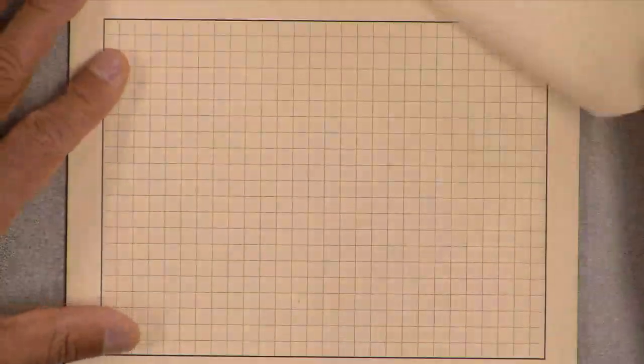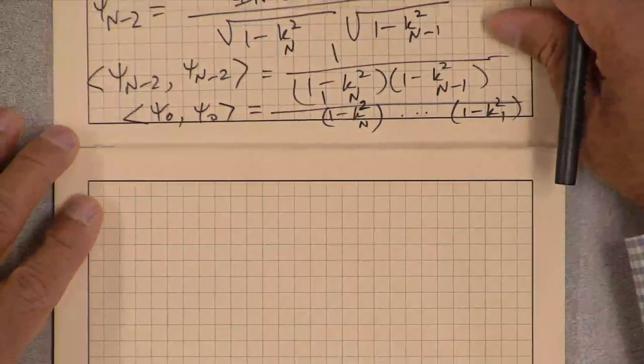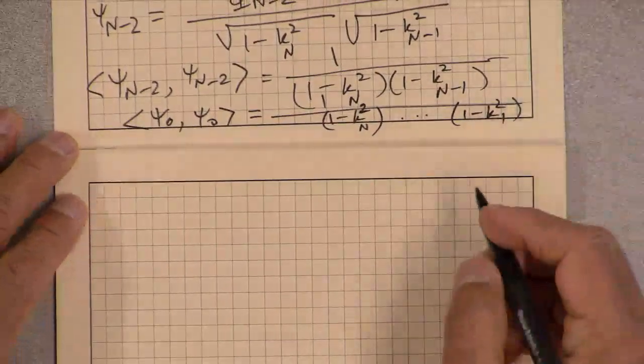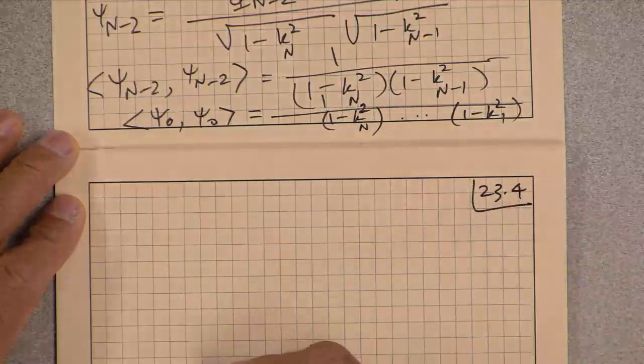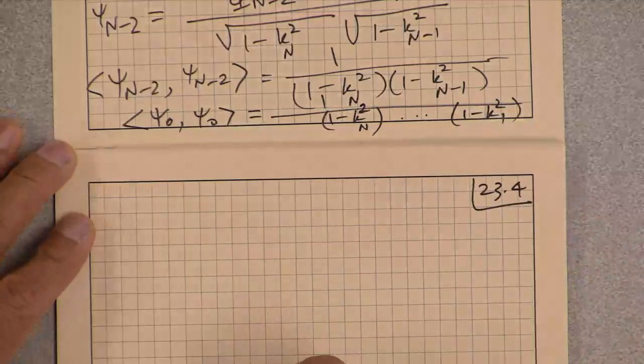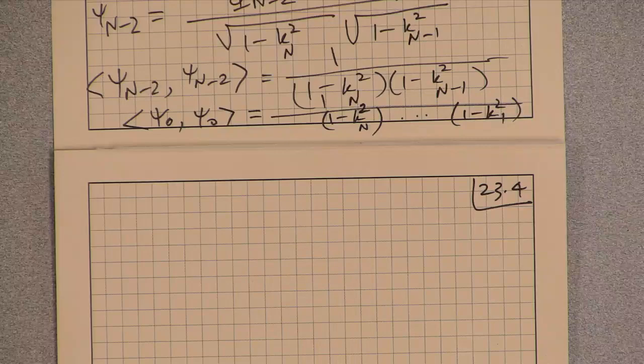All right, so then let's talk about how we compute the inner products of the lambda functions. So what was the process of deriving the lambda?